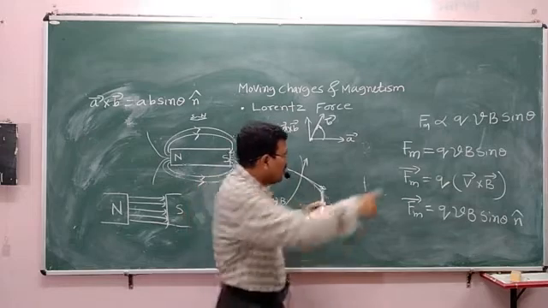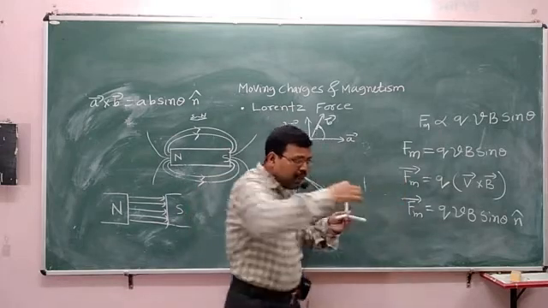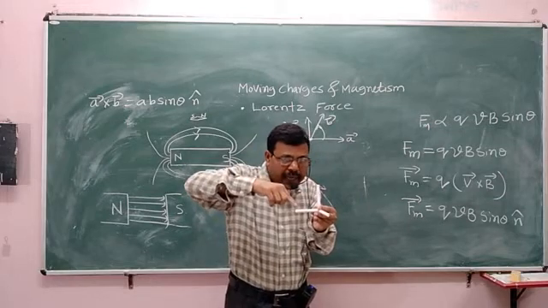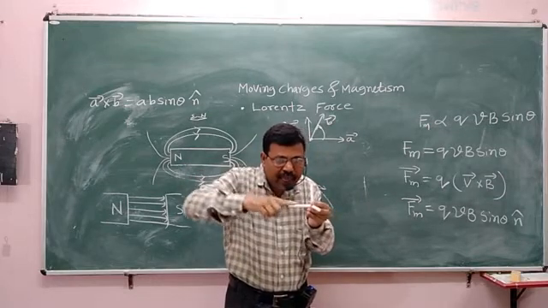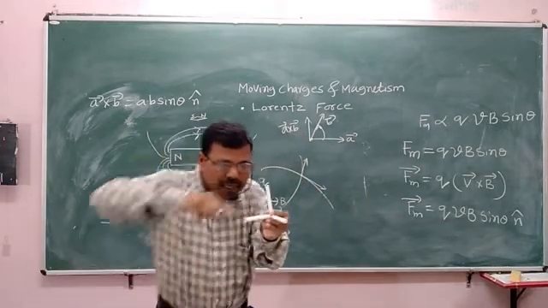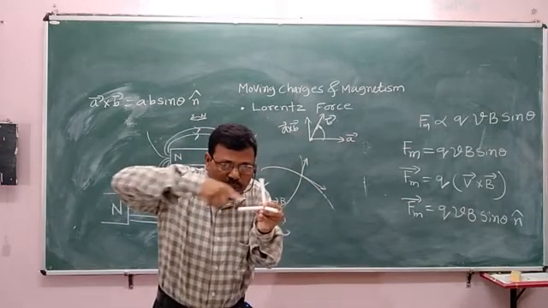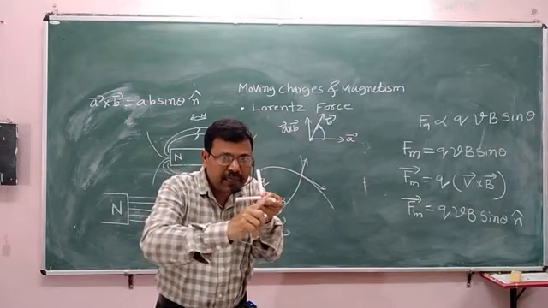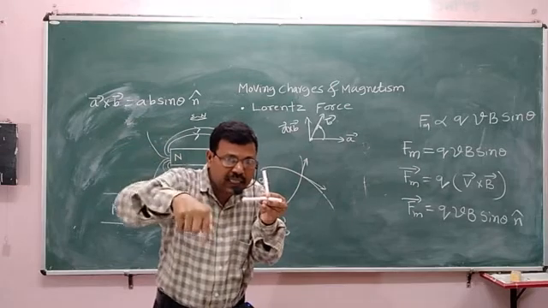Here also, this F, the magnetic force, is perpendicular to the plane containing vector V and vector B. This is vector V, velocity of the charge. This is vector B, the magnetic field in which the charge is entering.